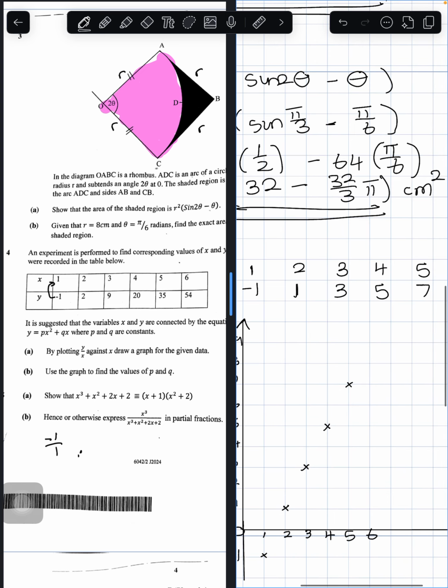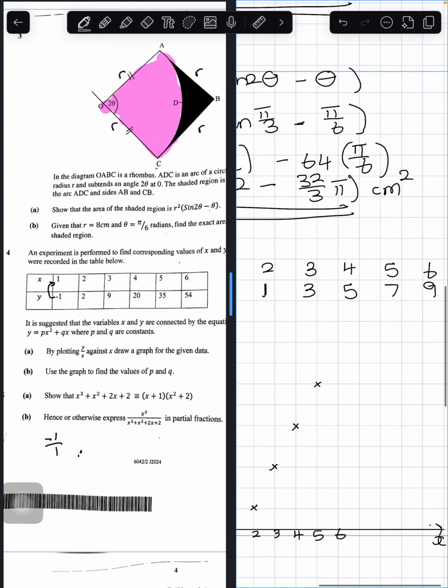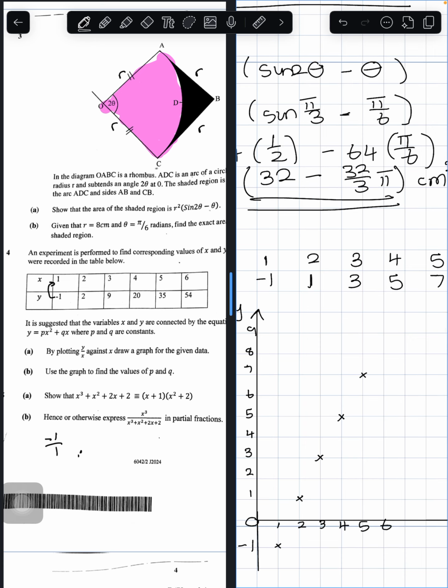Then the next one is 6, 9. Let's check our points again. The first one is 1, minus 1, followed by 2, 1, followed by 3, 3, followed by 4, 5, followed by 5, 7, followed by 6, 9.